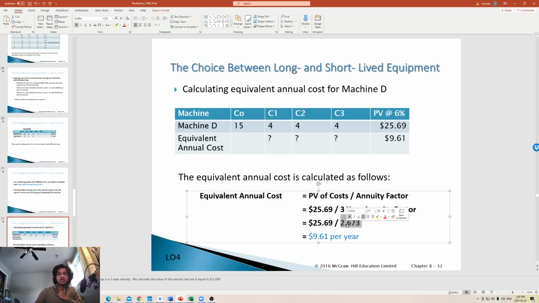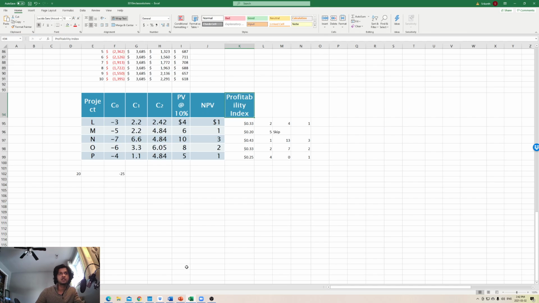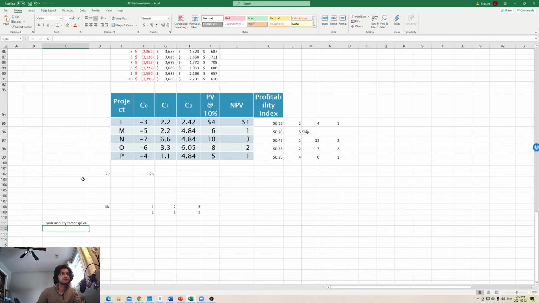That is your annuity factor. So quickly, over the next 3 years you're receiving $1 each year, discounted at 6%. That is the 3-year annuity factor at 6%, to be more specific.